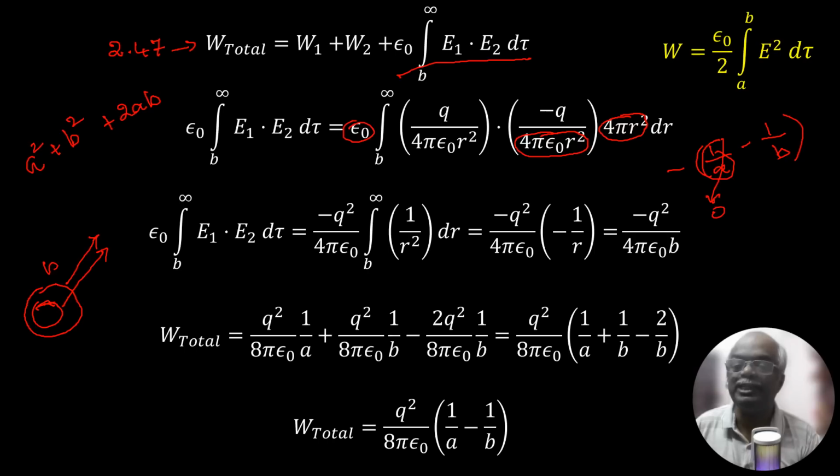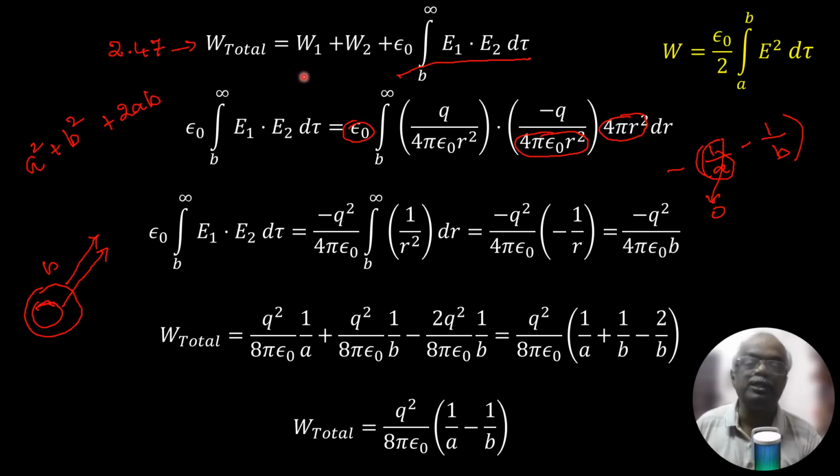The minus of minus becomes plus, so simply you will get 1 over p. But already you have minus q squared, so this can be written as minus q squared divided by 4 pi epsilon naught p.